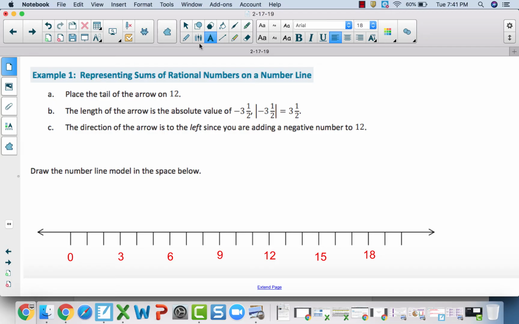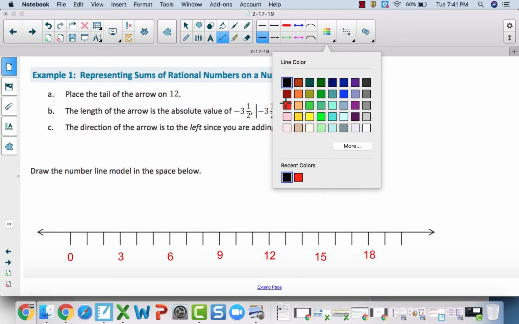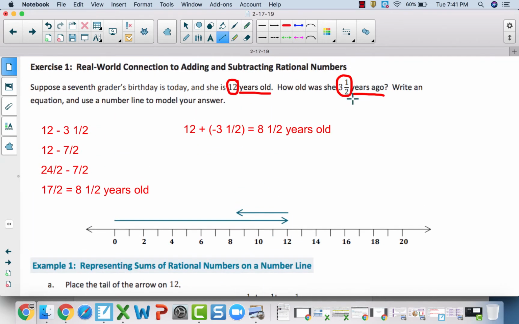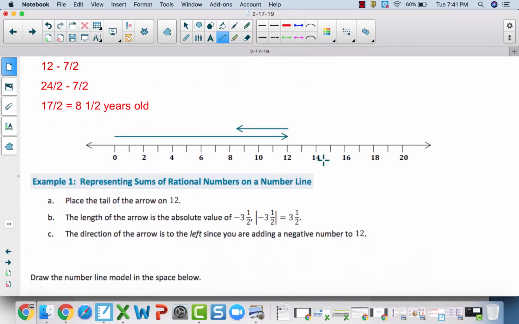Now, we're going to place the tail of the arrow at 12. So the tail of the arrow is going to go here. Now, the length of the arrow is going to be 3.5, because the absolute value of negative 3.5 is 3.5.